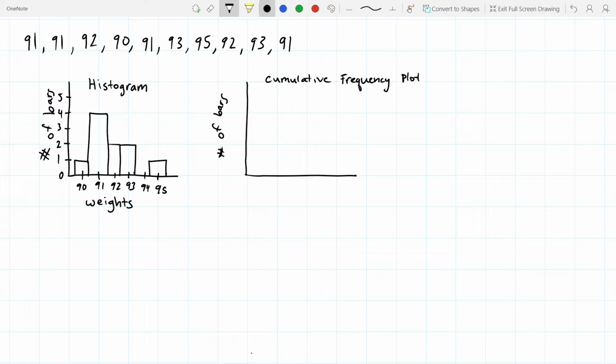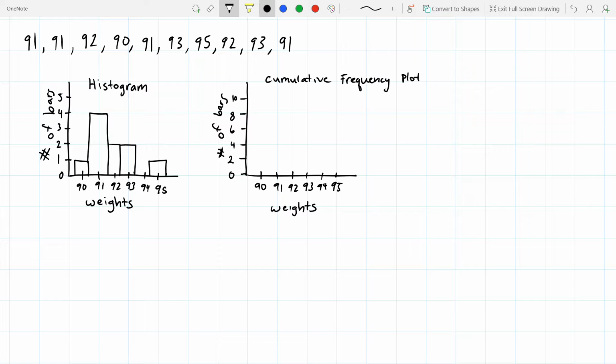And let's start at 0. And we're going to count by 2. You'll see why in a minute. 2, 4, 6, 8, 10. Okay, and then on the x-axis, we're going to have the same as before, weight. So 90, 91, 92, 93, 94, 95.